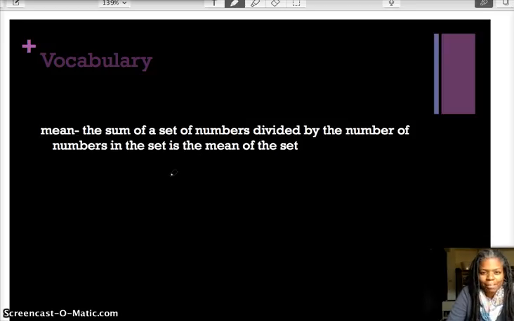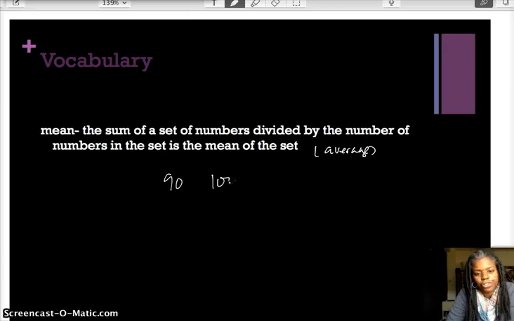All right, so mean is a word that you're used to. Another word for mean is the average. So when you have a couple of tests, you got a 90, you got 100, you got a 95, you got another 90, and let's say you got another 100.